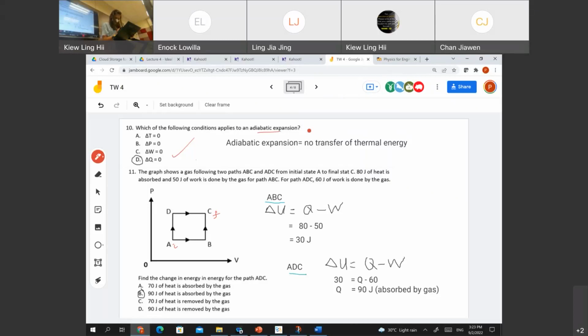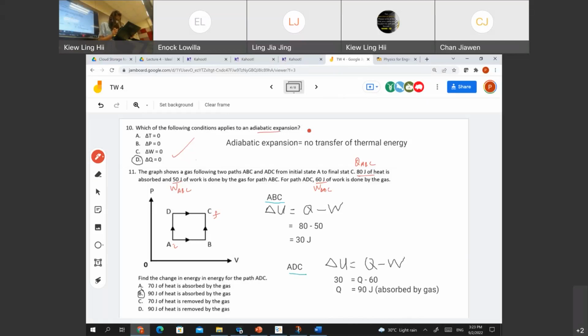So this is Q of ABC and this is W of ABC. Both are positive by the sign convention. As for ADC, the work done is 60.